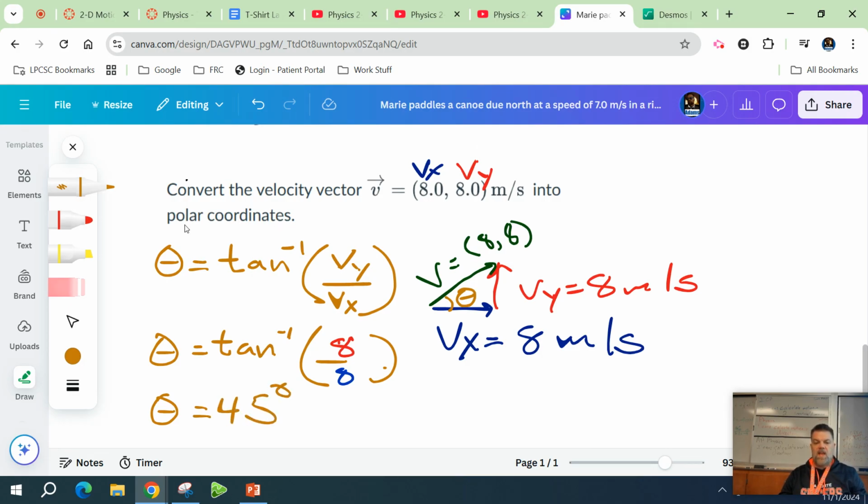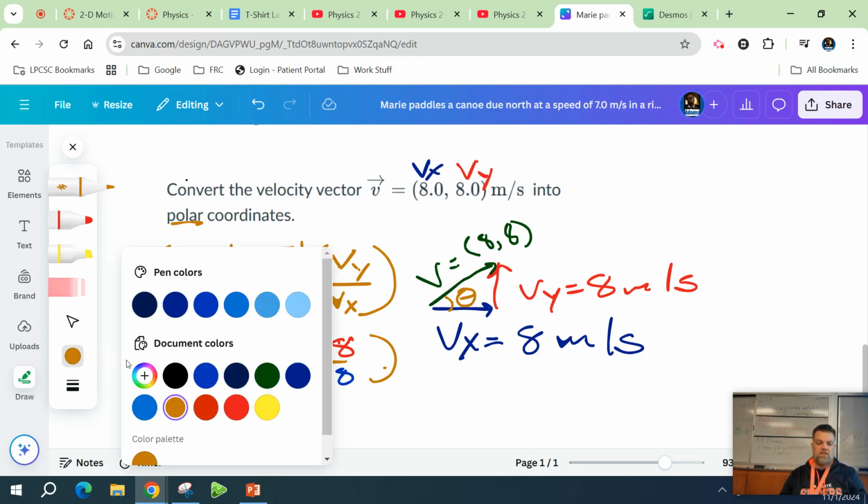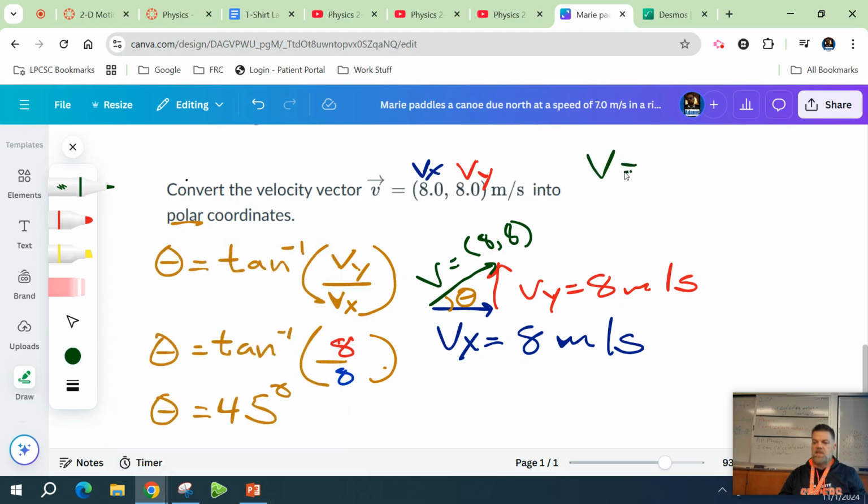So now I have the angle. That's why they say polar coordinates. But I need to know the length of V, because right now it's written this way. So to find the actual length of V, this is also in your notes. Remember that V is equal to the square root of V sub x squared plus V sub y squared.